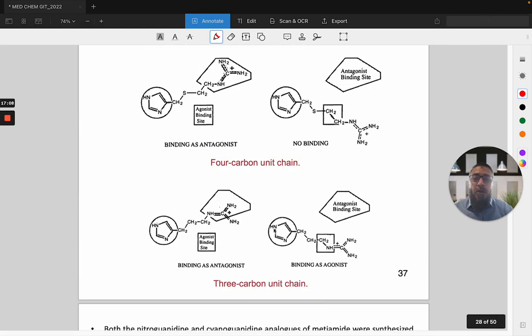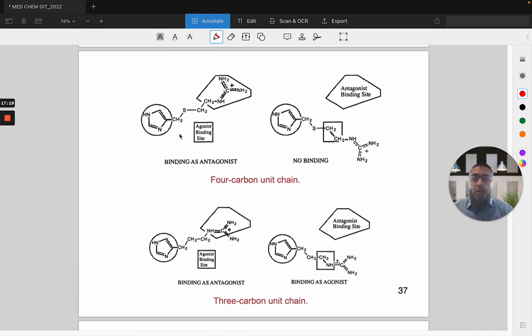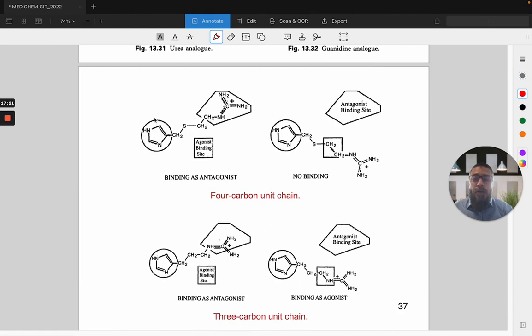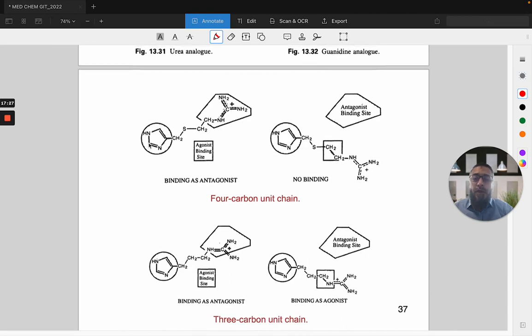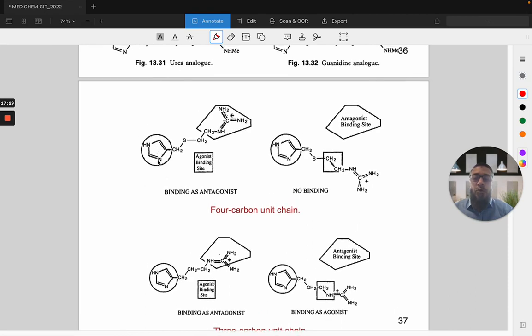So this is how you can see the researchers introduced an electron withdrawing group in order to decrease the pKa value to near that of histamine, right, which can have better ability to bind with the histamine receptor.